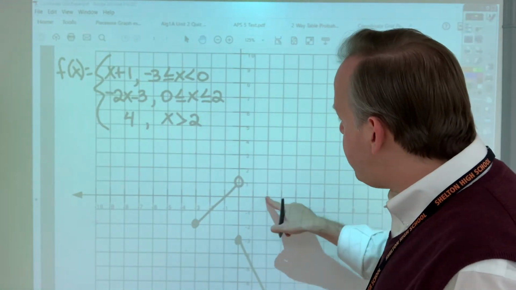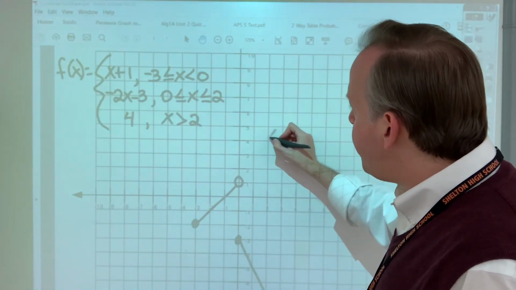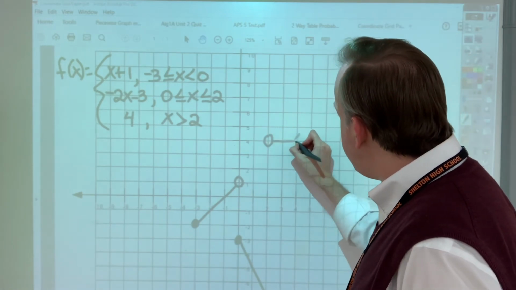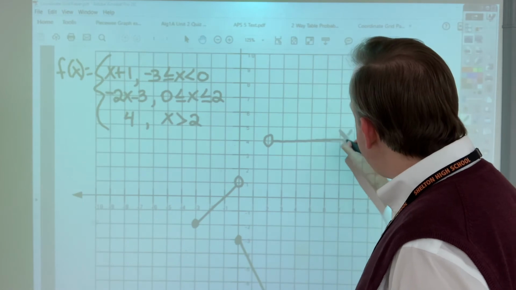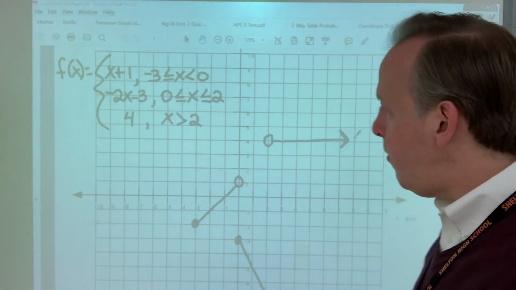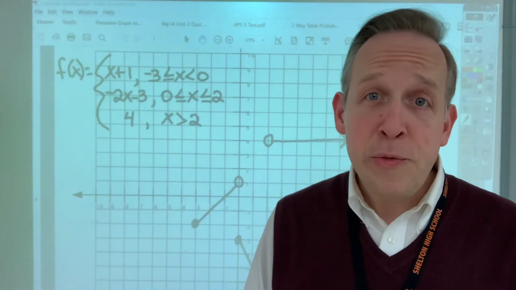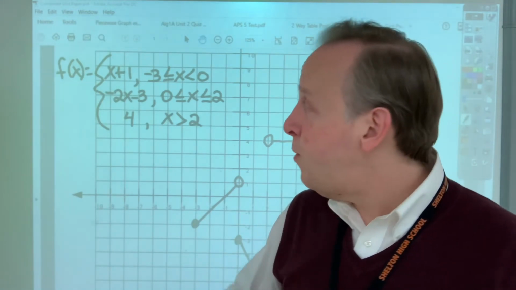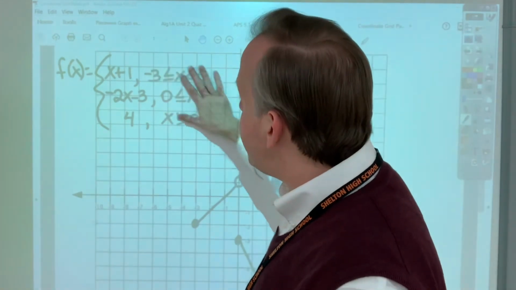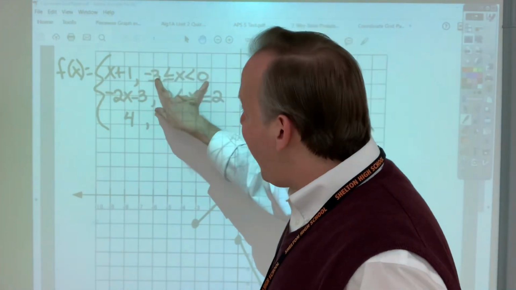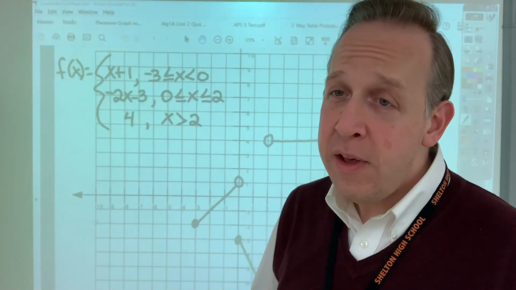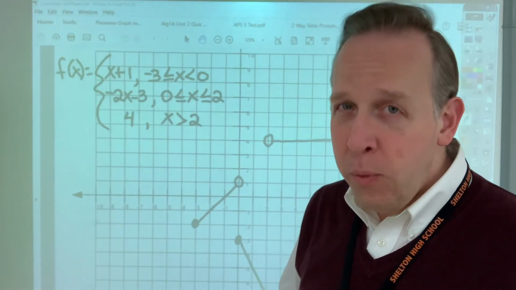So when x is 2, y is 4 with an open dot, and it continues horizontally forever. So there's an arrowhead there. And now I've graphed my piecewise function. One piece at a time. You use the domain restrictions, the intervals, as your inputs to figure out where to put your dots and connect accordingly. One piece at a time.